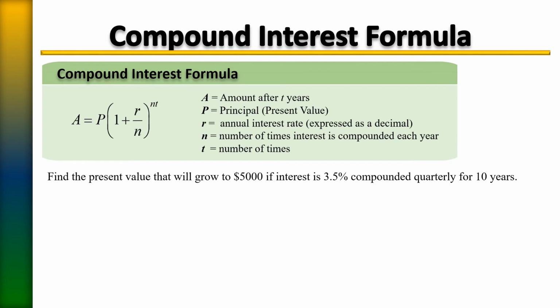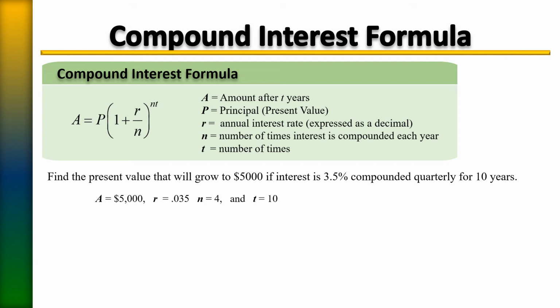So here's the compound interest formula. A equals P times 1 plus R over N raised to the NT power. So again, A is 5,000, R is 0.035, N is 4, and T equals 10.